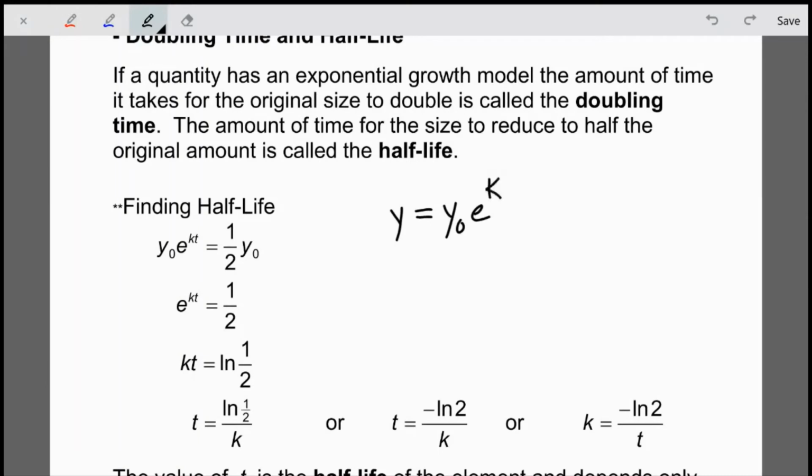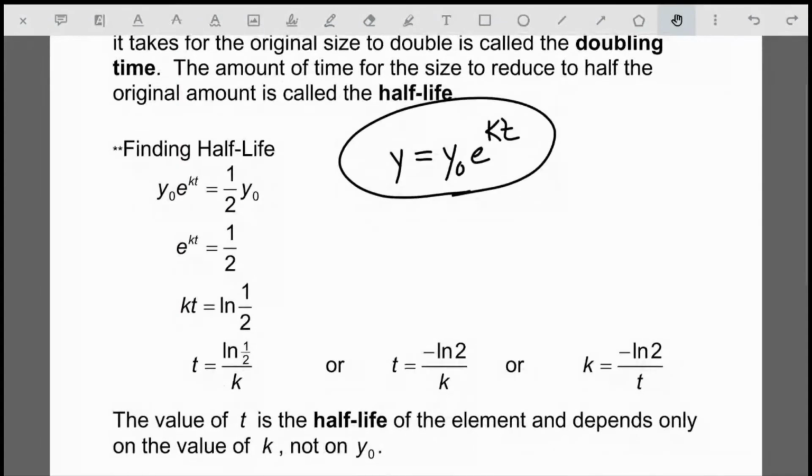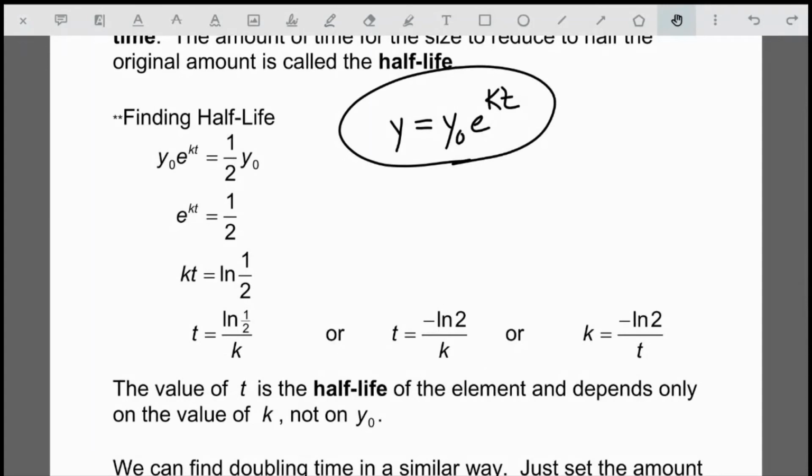That's the solution curve I'm talking about. What we're saying here is, whatever the amount is that we started with, we have half of that remaining. That's how I find my half-life time. So I can say, if I have half of the initial amount remaining, what's the relationship between that growth or decay constant, the k value, and time? And you can see down here, just doing some simple algebra, we can find t in terms of k or k in terms of t.